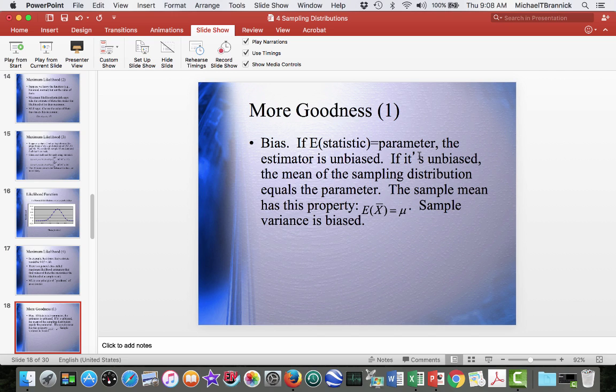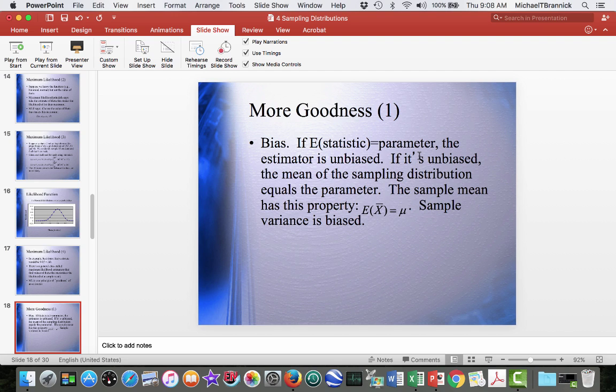All right. So here's another principle, in addition to maximum likelihood, that you're going to hear a lot, and that is bias. Bias of a statistic is a property of the sampling distribution. If the expected value of the statistic equals the parameter, the estimator is unbiased.